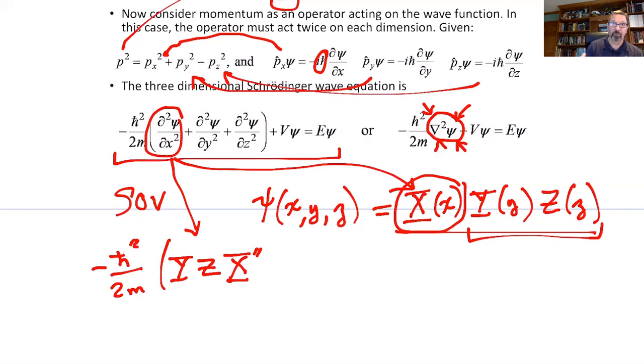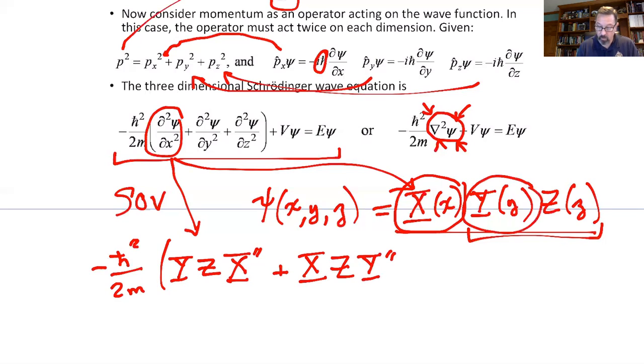And I've dropped the is a function of x. That's why it had a second derivative. Y and z are functions respectively of the variable y and the variable z. So with respect to a partial derivative in x, they're just constants. And if you bought what I just said there, I guess the next term would be the x function and the z function as constants, and it would be the second derivative of the function y with respect to y.